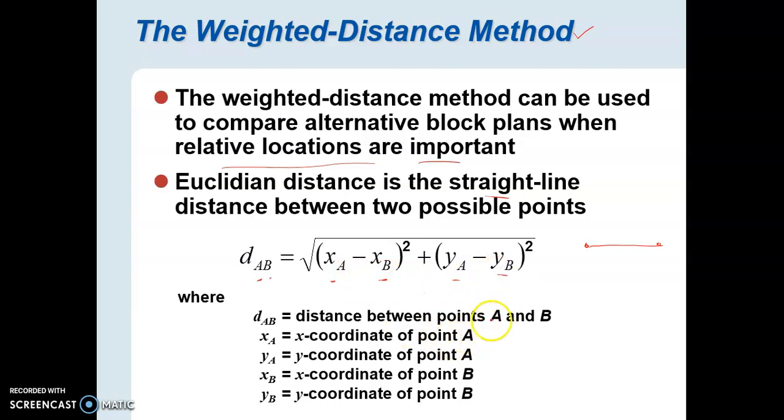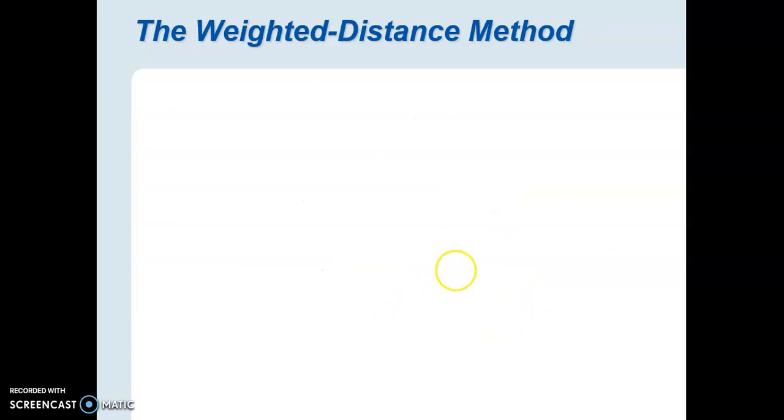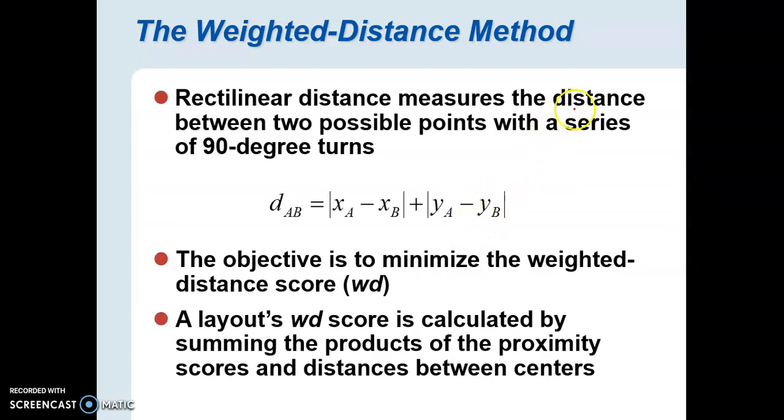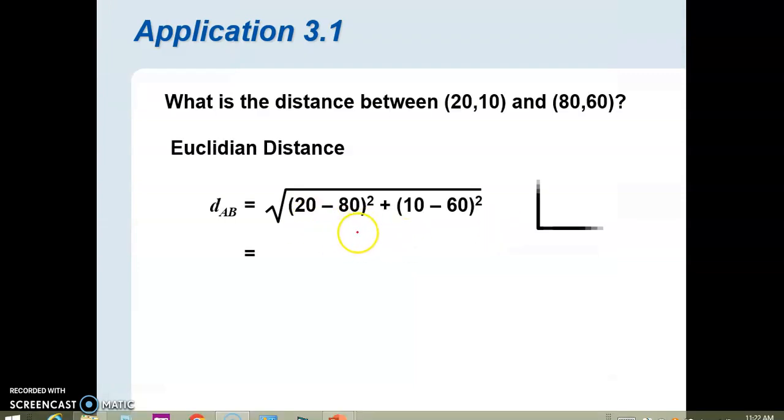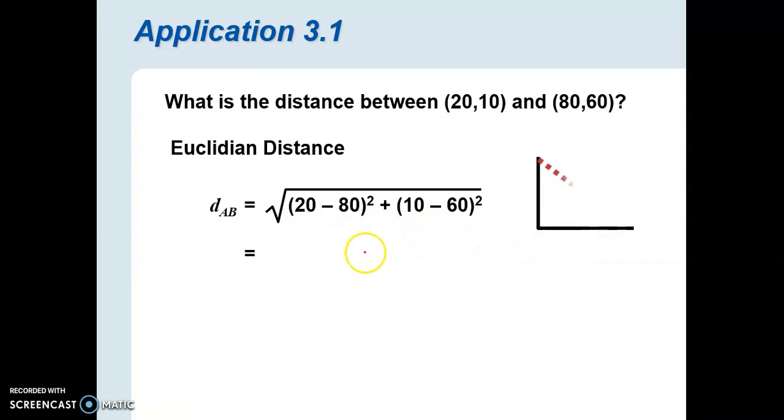So these are the coordinates we have, and furthermore, for points where there is a 90-degree turn, you use this formula, right? So in your block plan, if there's a 90-degree turn, you are going to use this formula, and if there is simply a straight line, you use the Euclidean distance formula. As for the information, we have the following values available.